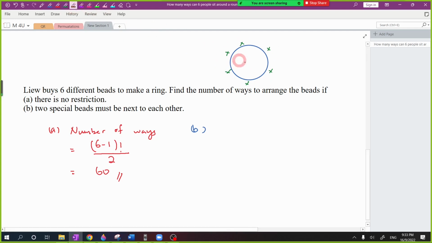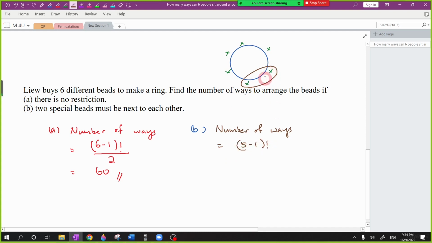Let's say I want these 2 beans to be together. So consider this as 1 unit, right? So 1, 2, 3, 4, 5. I have 5 units. Because it is in a circle, 5 minus 1 factorial.